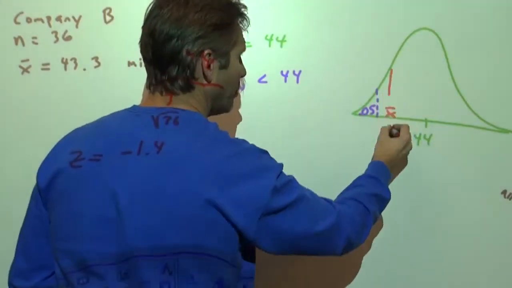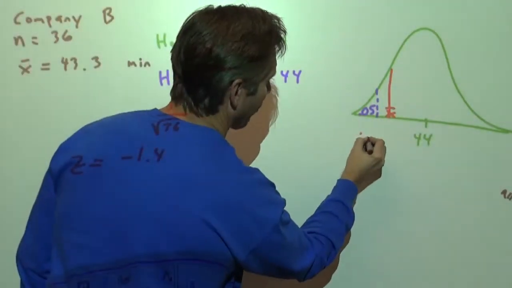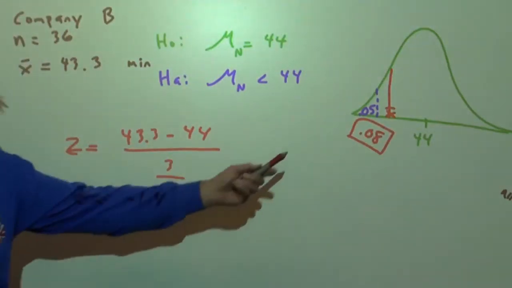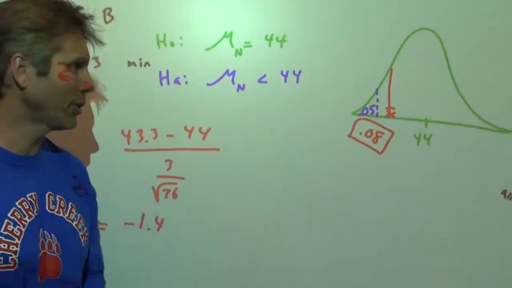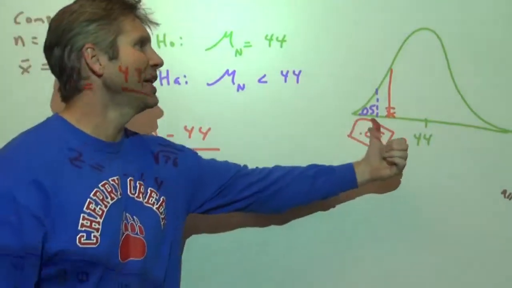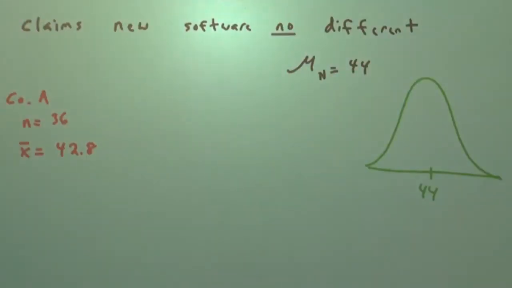And the probability of being beyond negative 1.4 standard deviations is about 0.08. That's our p-value. We didn't make it down to 0.05. We're not in the critical region. Because our p-value is not less than 0.05, it's not extreme enough. We fail to reject the null.